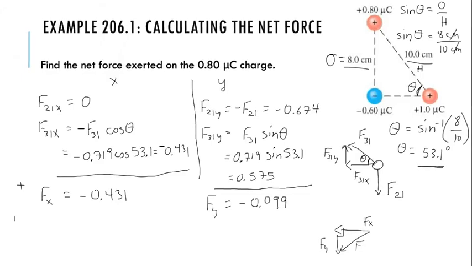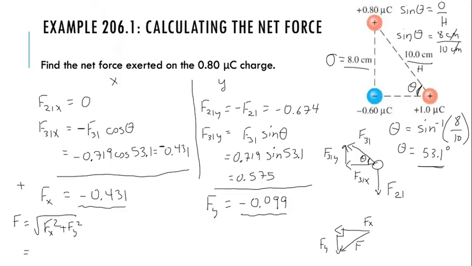Let's go ahead and write it down here. F equals the square root of Fx squared plus Fy squared. Plug in all of these values here, and since I don't have too much room, I will let you plug in this value and this value.